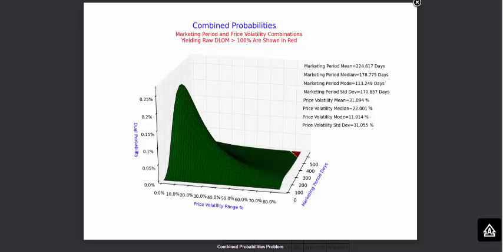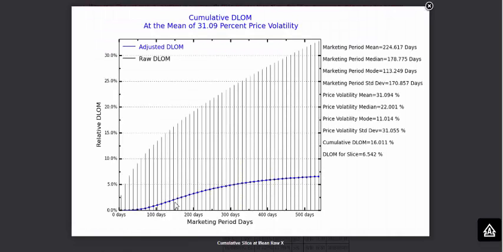The fourth graph is a three-dimensional view of the third graph and shows in red the area of price volatility and marketing period probability combination that results in a raw DLOM greater than 100%. The fifth graph presents the cumulative buildup of probability-adjusted DLOM measured at the mean price volatility and compares it to raw DLOM that would be calculated at the mean price volatility for individual static marketing period days.